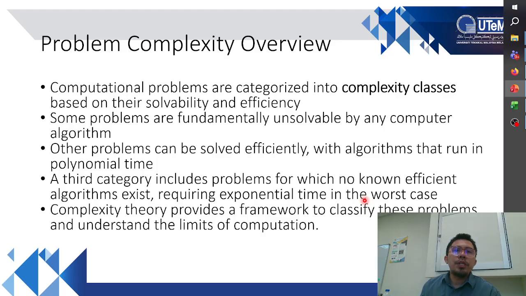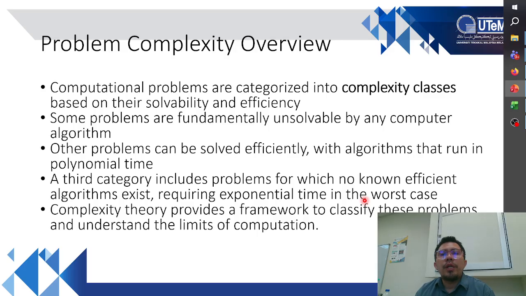Computation problems are categorized into complexity classes based on solvability and efficiency. Some problems are fundamentally unsolvable by any computer algorithm. Other problems can be solved efficiently with algorithms that run in polynomial time. A third category includes problems for which no efficient algorithm exists, requiring exponential time in the worst case.